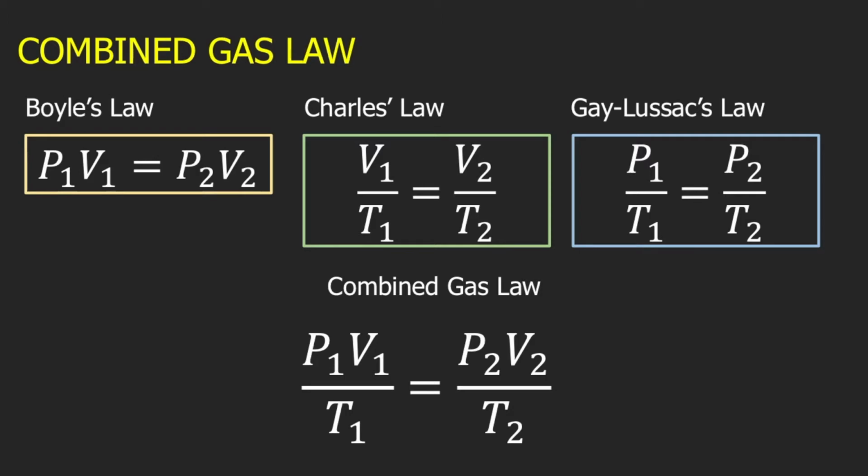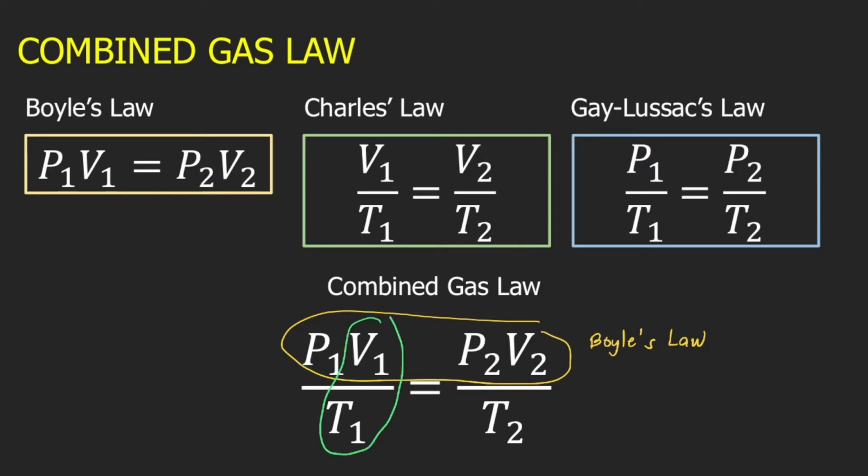So as you can see, this part right here is Boyle's law. And this part right here, V1 over T1 equal to V2 over T2, this is your Charles' law.